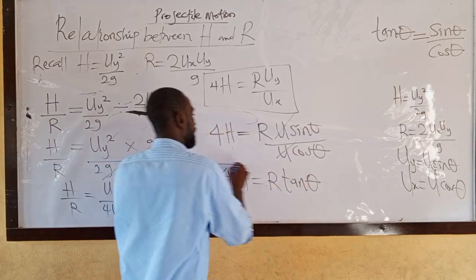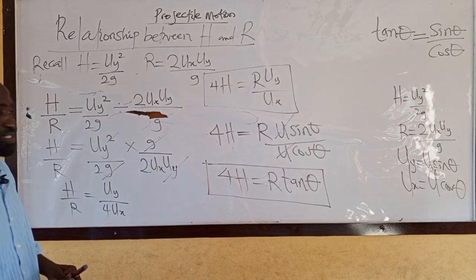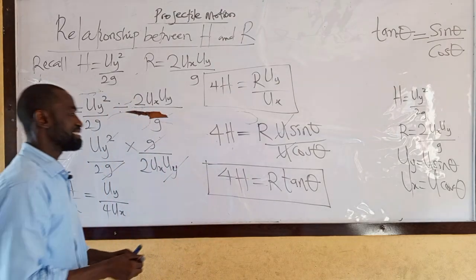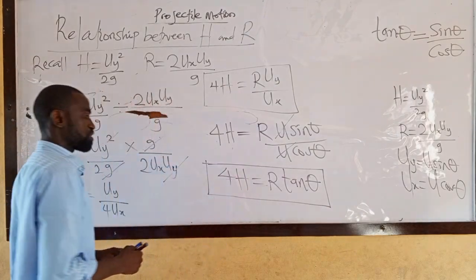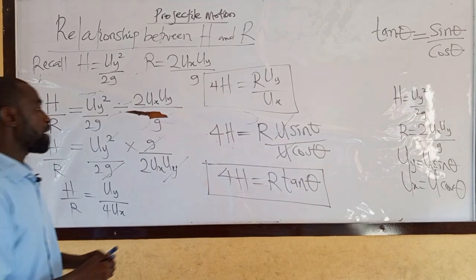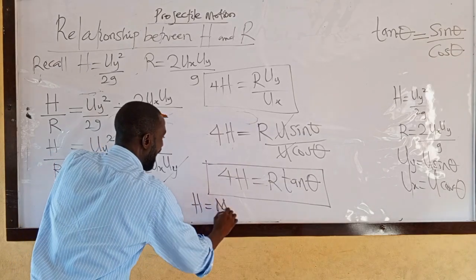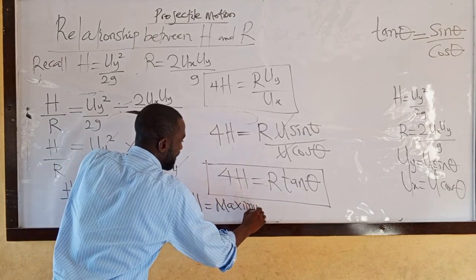Take note of this formula. This is the relation between the maximum height and the horizontal range, or the horizontal distance covered, where H is the maximum height.